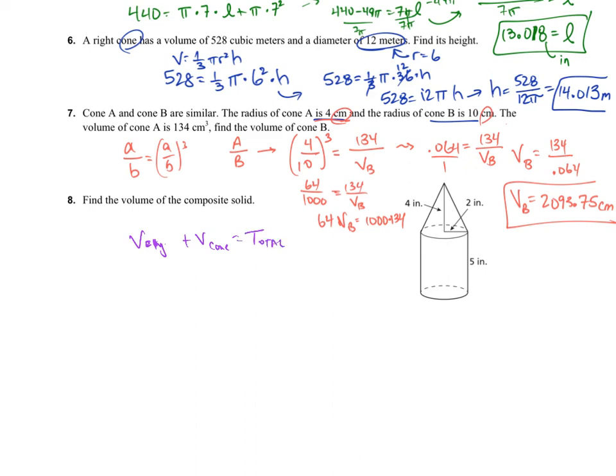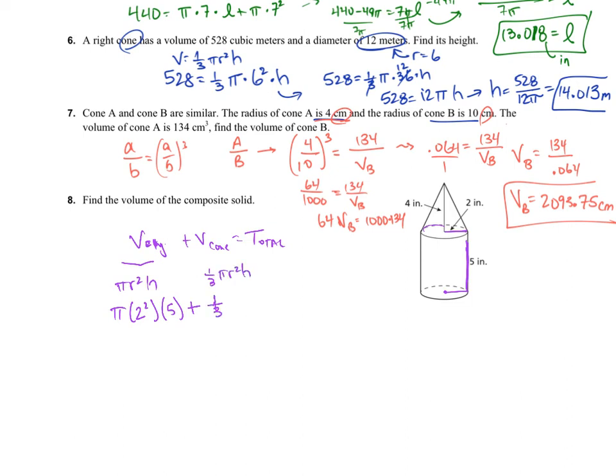Okay, over here, let's do the cylinder. The cylinder has a radius of 2. So the volume of a cylinder is pi r squared h, and this has a radius of 2 and a height right here of 5. Plus, this cone is 1/3 pi r squared h.